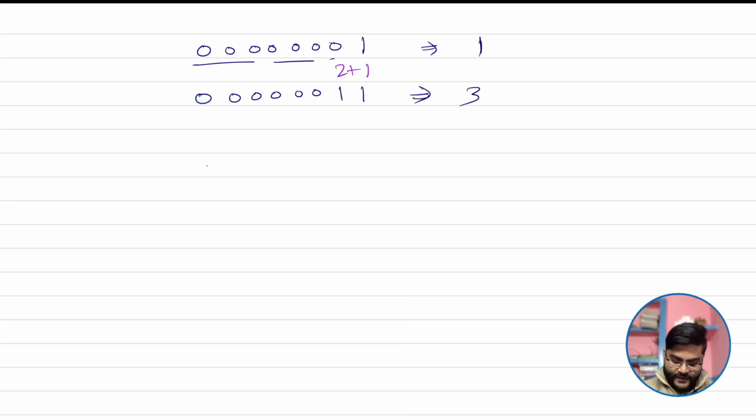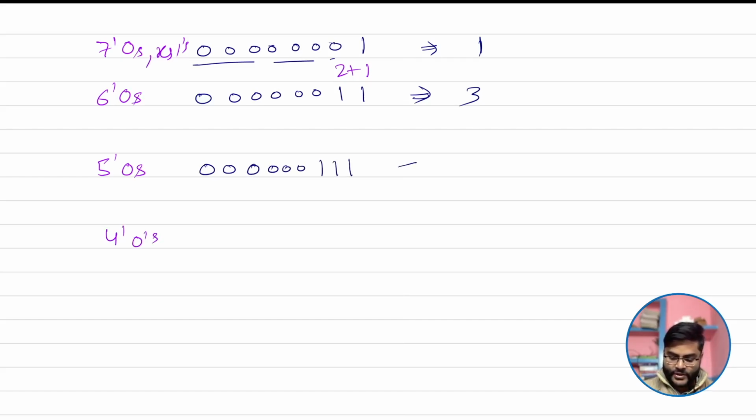If we have 5 zeros and 3 ones, its value will be 1 plus 2 plus 4, so it will be 7.